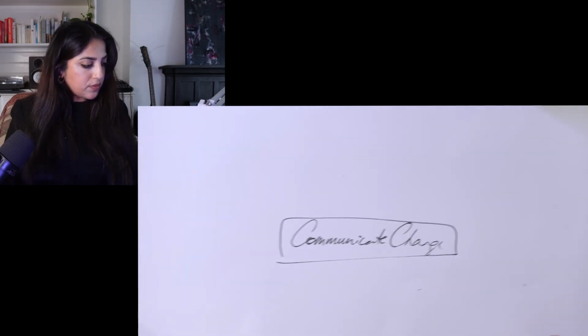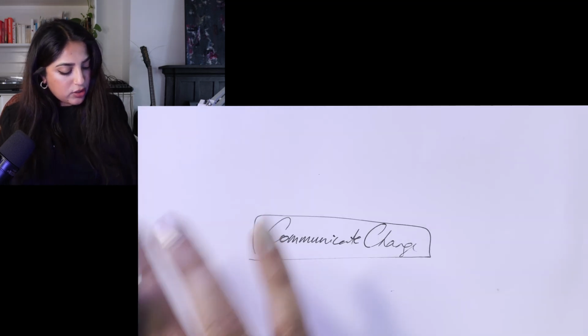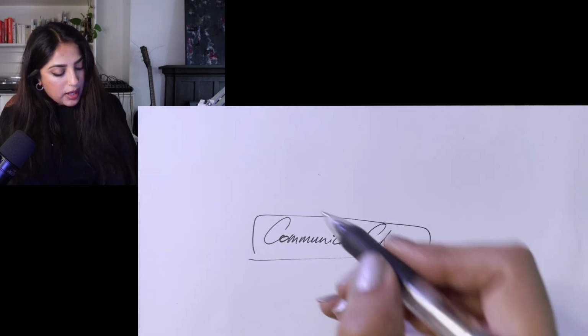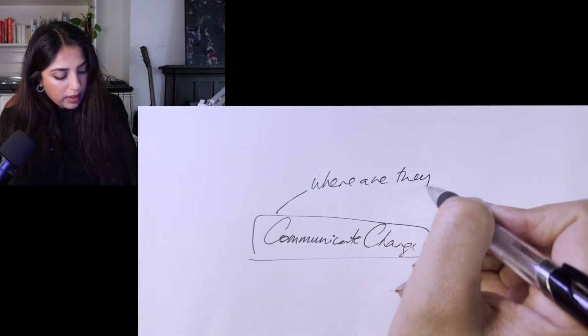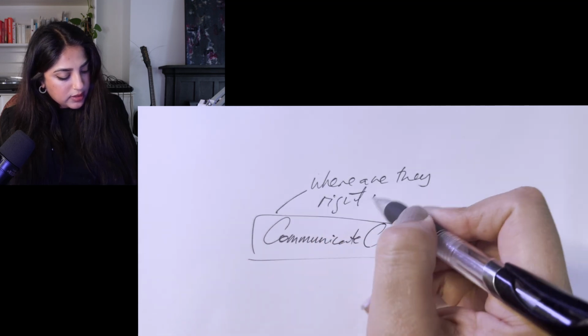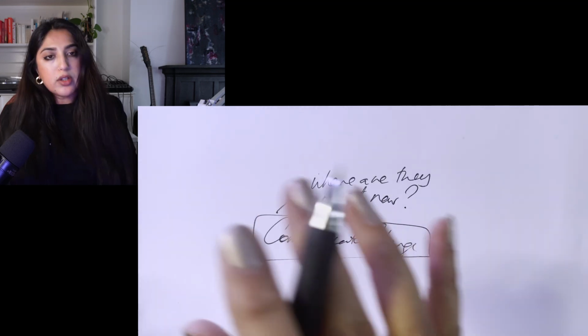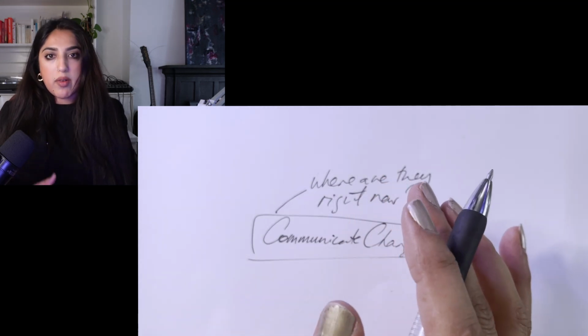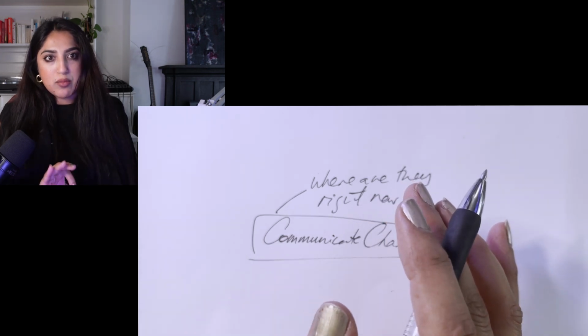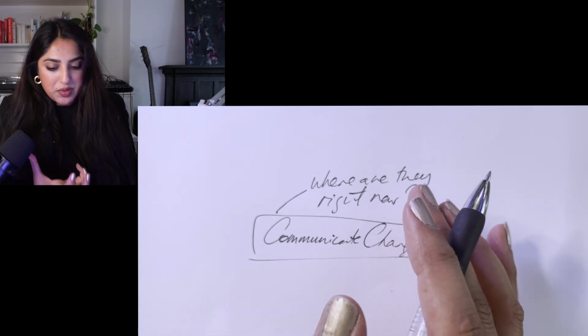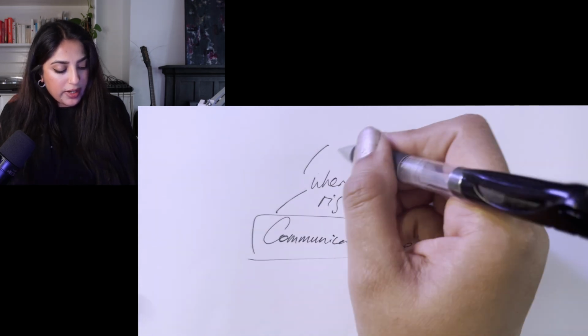So that's your communicating change objective. Where are they right now? Okay, so they're used to something right now. They have certain expectations. Where are you meeting them right now? So what's their sort of state of mind like right now?